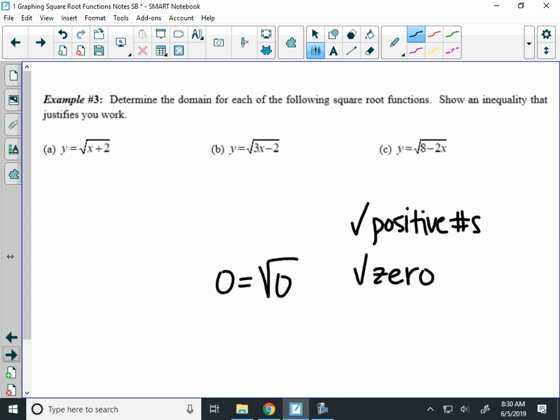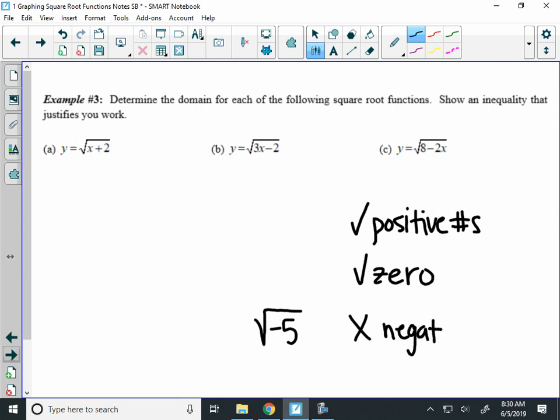I can have positives, I can have 0. But then, when I have the square root of a negative, we say that that's not a real number. That's not allowed. So I cannot have negative numbers. So I can have positives, I can have 0, I can't have negatives.